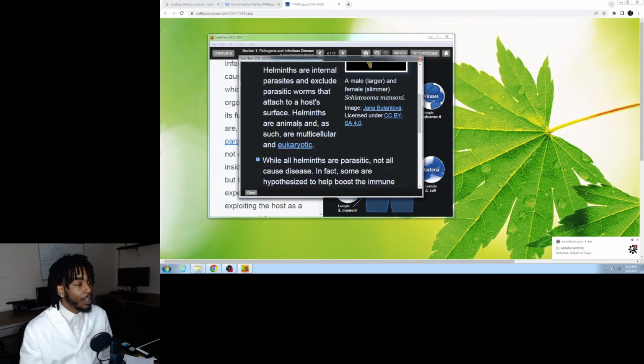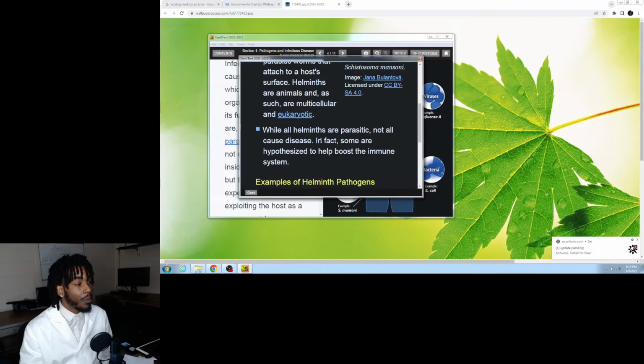Helminths are animals and as such are multicellular and eukaryotic. While all helminths are parasitic, not all cause disease. In fact, some are hypothesized to help boost the immune system.